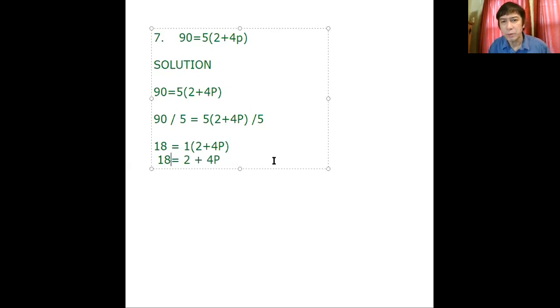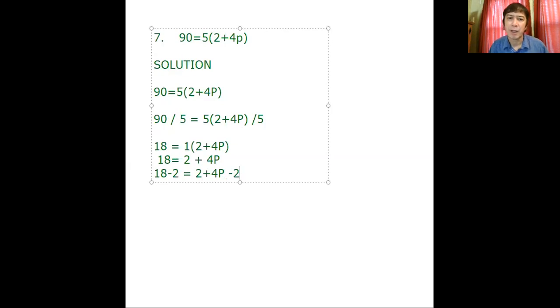And now we continue by simplification. We shall try to isolate the term with the letter p, and we can only do that by moving this 2 and making it 0, and we can do that by way of the subtraction property. So for the next line, we'll apply subtraction. 18 minus 2 for the left side is equal to 2 plus 4p, also minus 2.